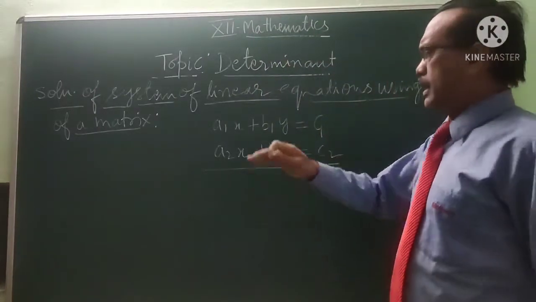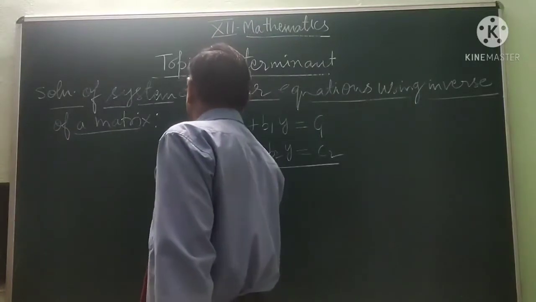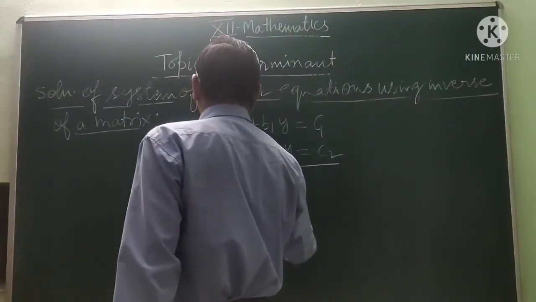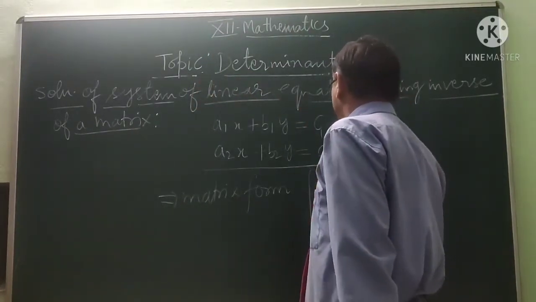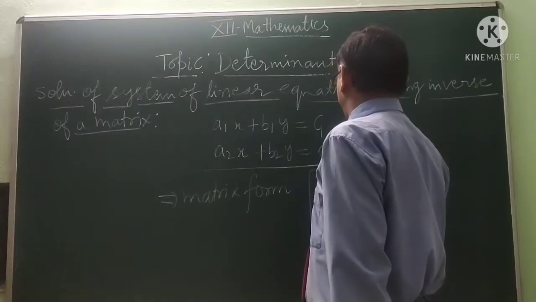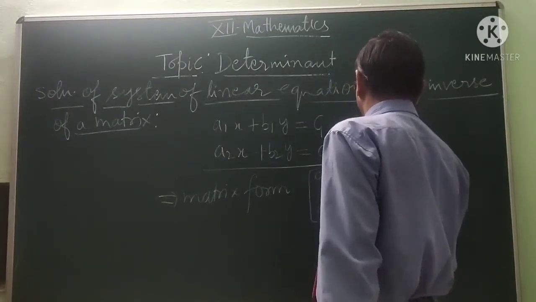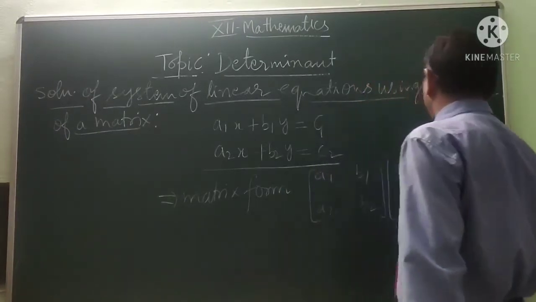We have to convert these equations into matrix form. So the matrix form is [a1 b1; a2 b2] times [x; y] equal to [c1; c2].